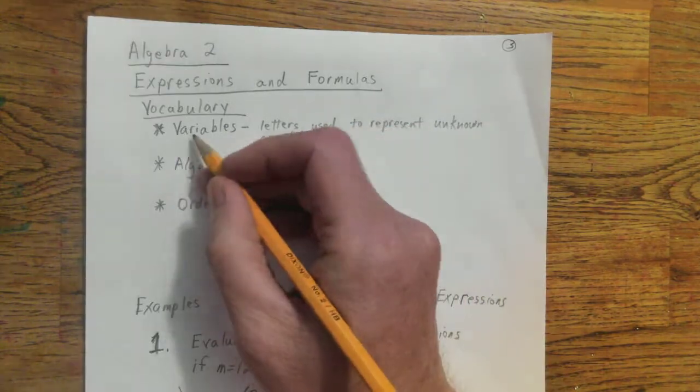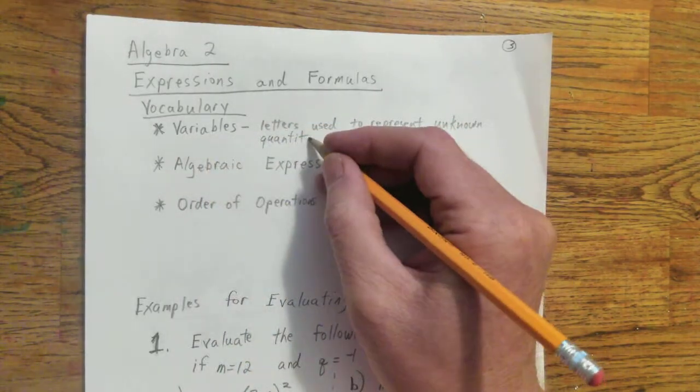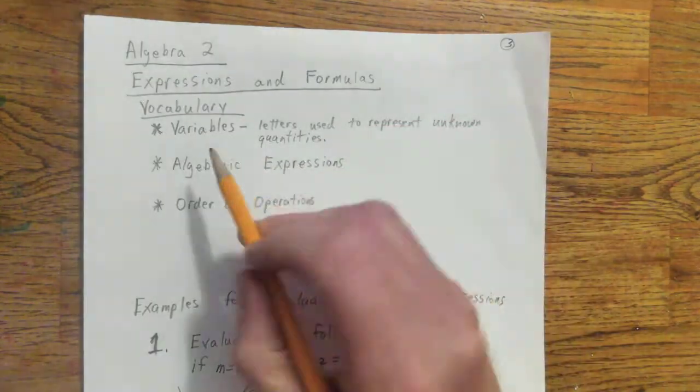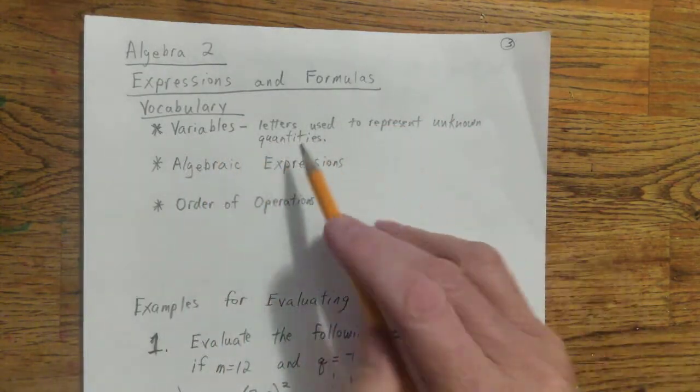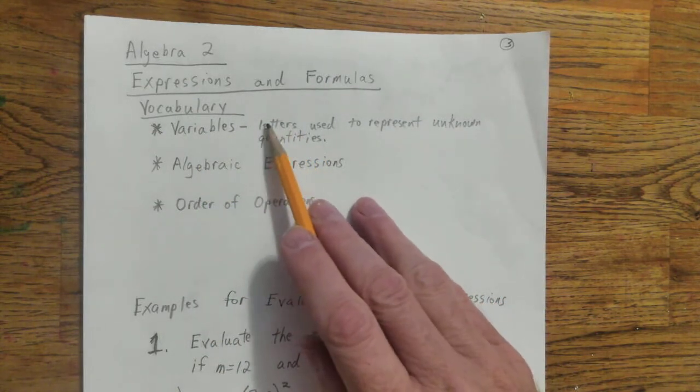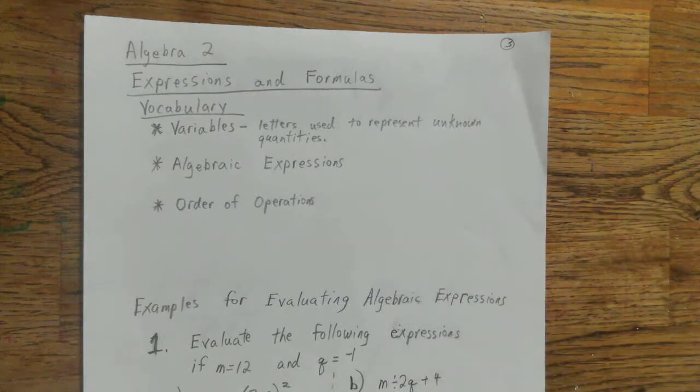And the word vary is part of it. So what you substitute in for the variable can be different. It can vary. But it's just a letter that's in place of a number, used to represent unknown numbers.